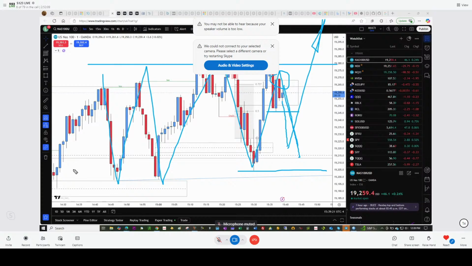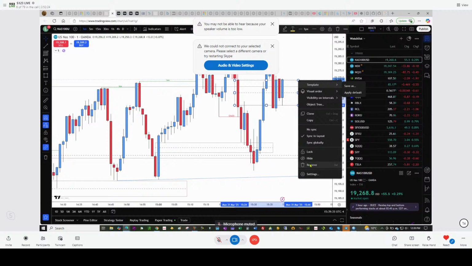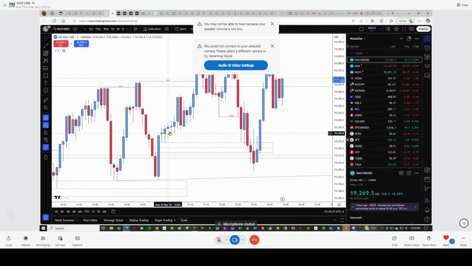This is nasty kid stuff here. Get rid of this gap. This gap is no good.